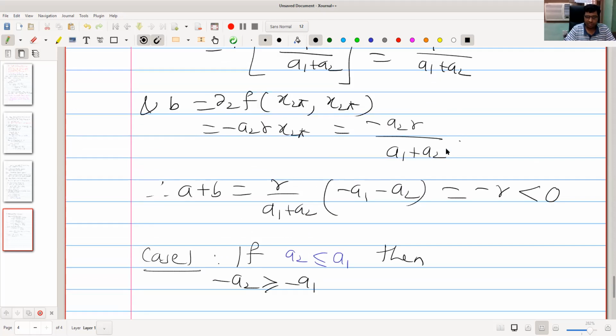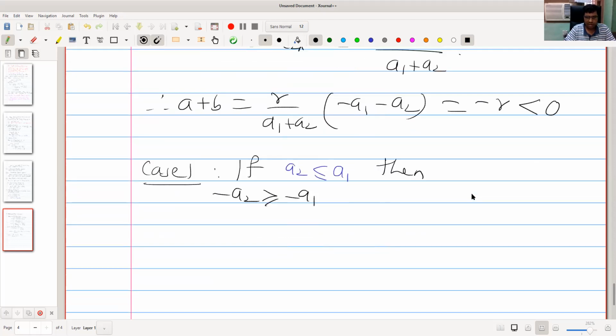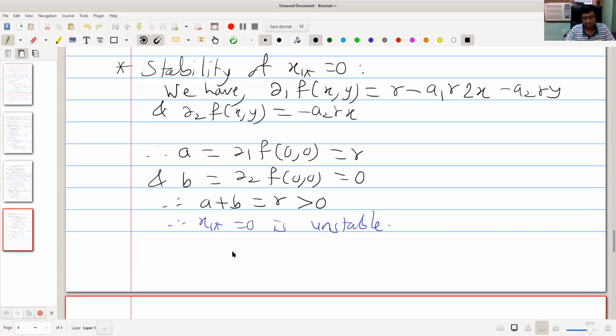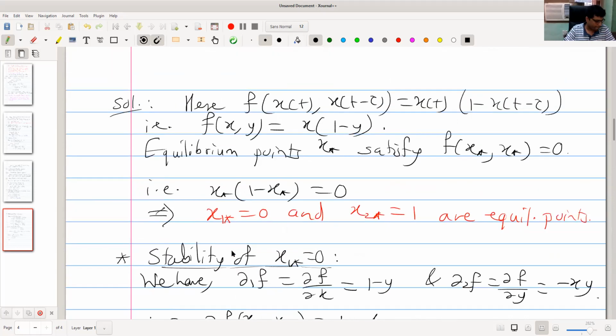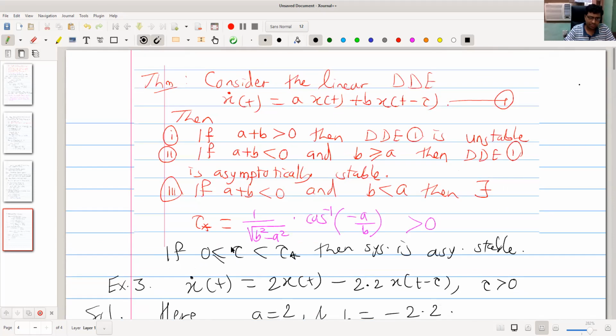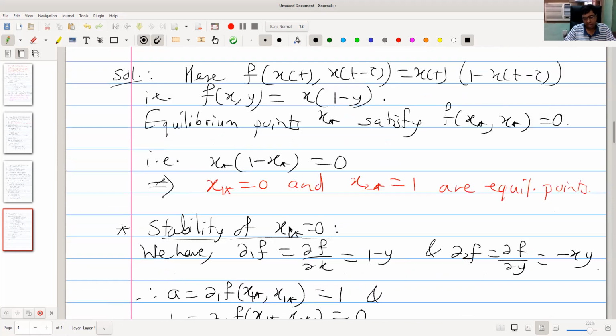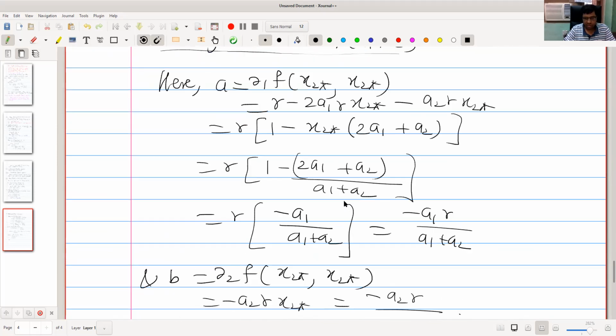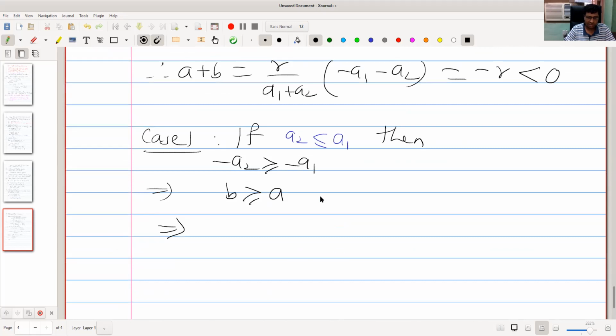The left hand side is b, the right hand side is a. This implies b is greater than or equal to a, and our result says that in this case, if b is greater than or equal to a, then the system is asymptotically stable for any value of tau. Okay, delay independent stability.